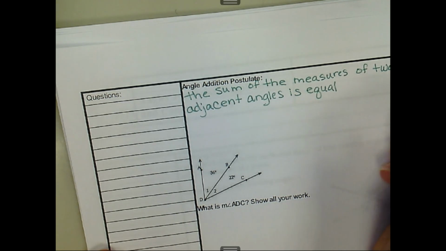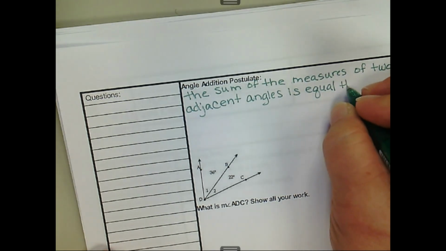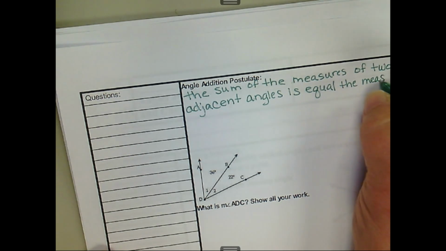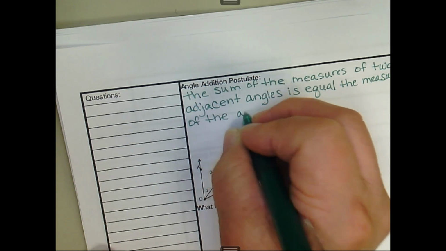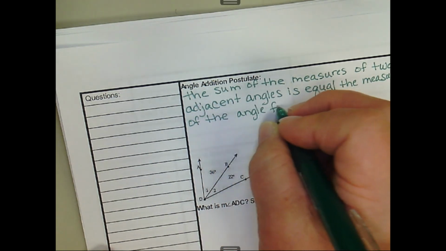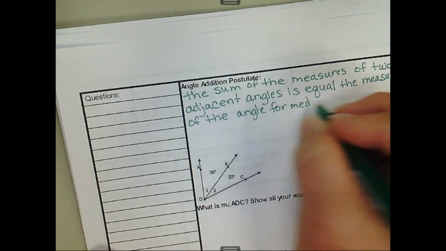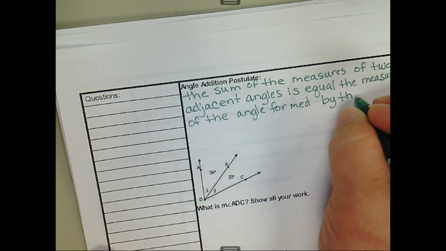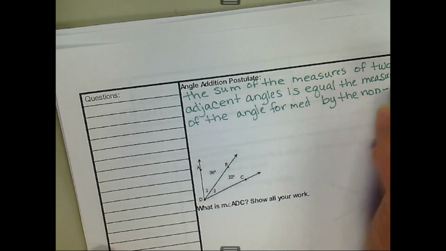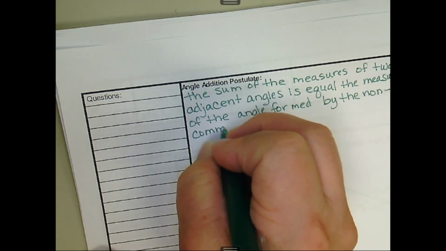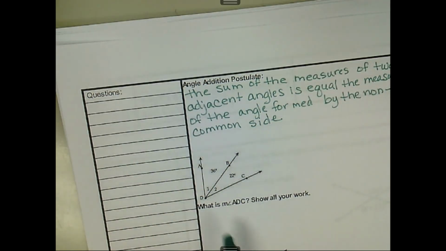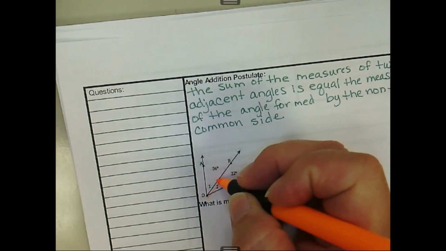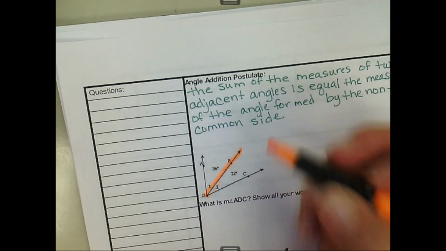So it's equal to the measure of the angle formed by the non-common side. So if you're looking at the picture, the common side is that one that is part of both of them. So if I'm looking, this is my common side.